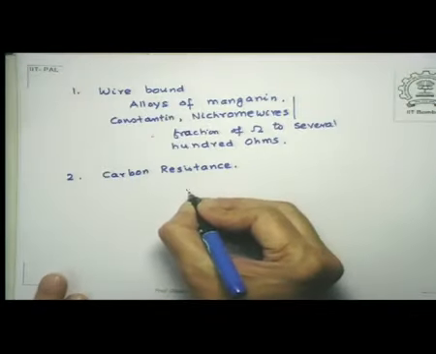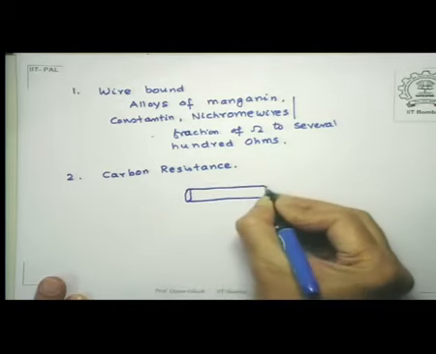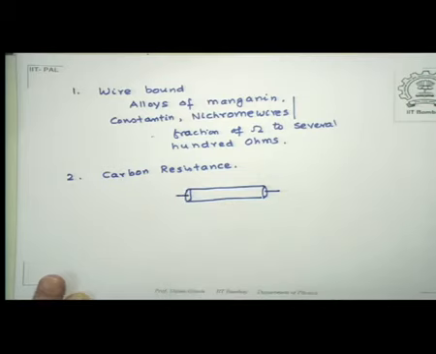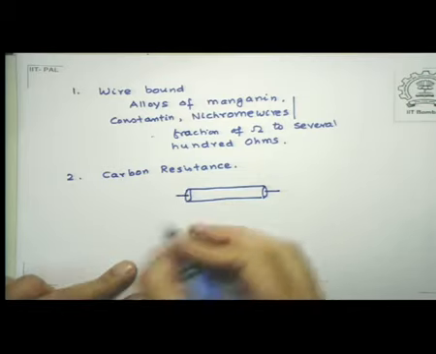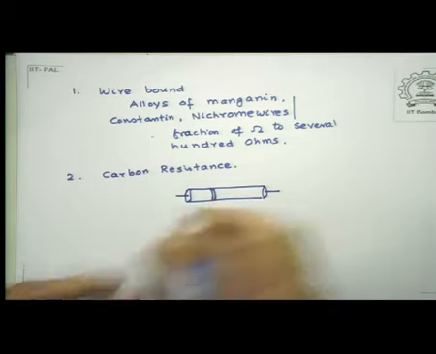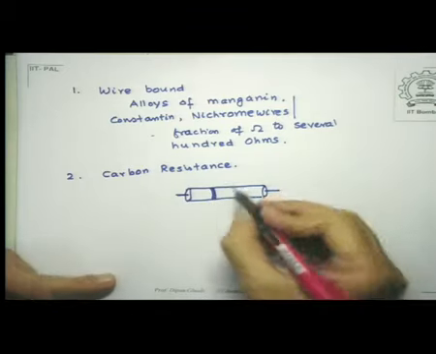So let me suppose this is the resistance. There will be two lead wires across which you can apply the potential difference. But what you will find is there will be different colors here. I don't have all the colors, but let me draw one or two that I have.